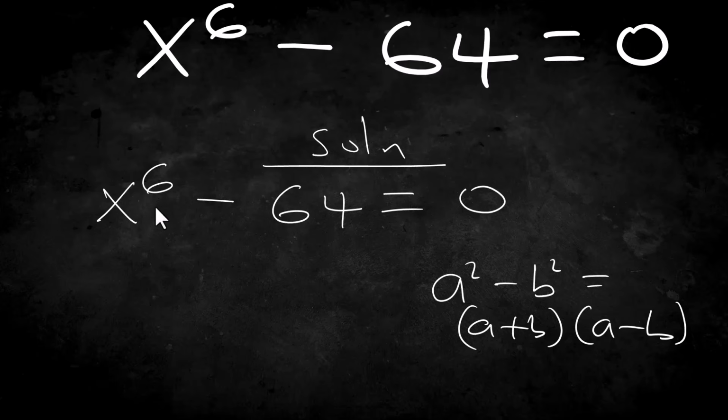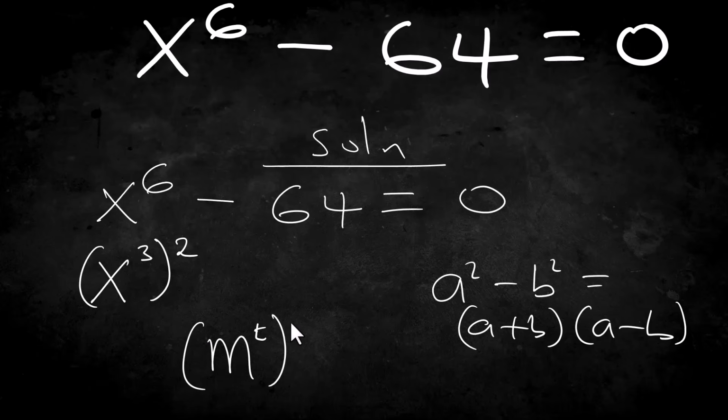So from here, we can write the power 6 as x cubed, all raised to 2. Now when you're given m raised to t, all raised to x, it's the same as m raised to xt.